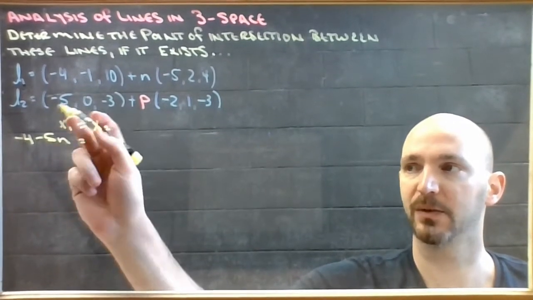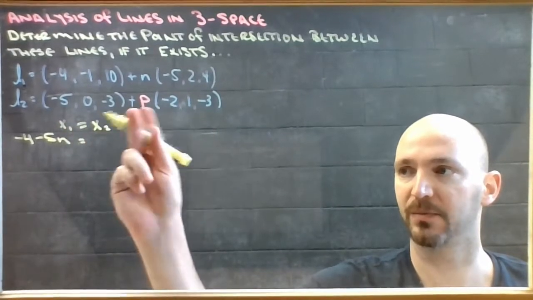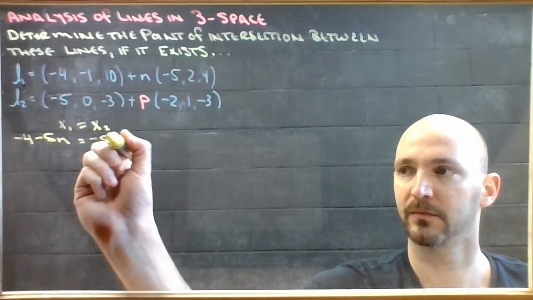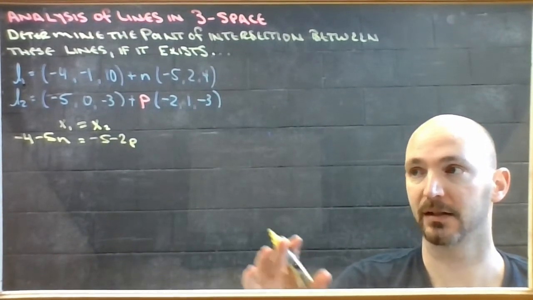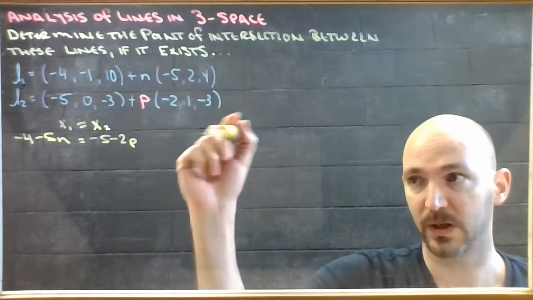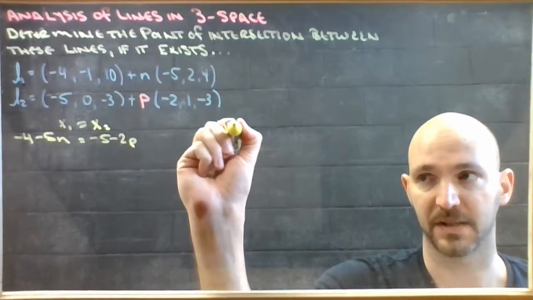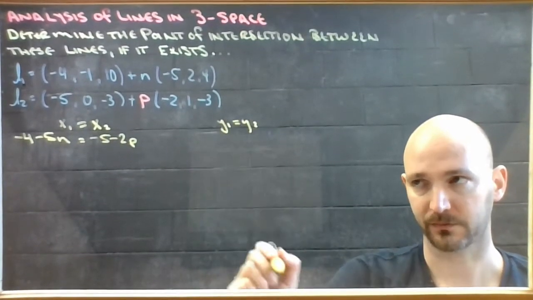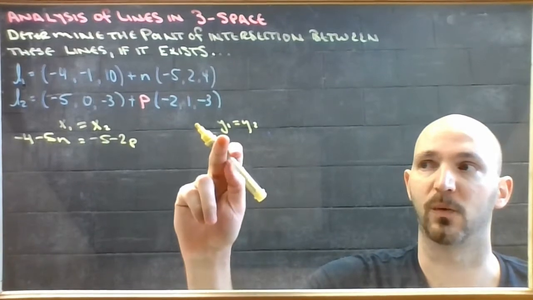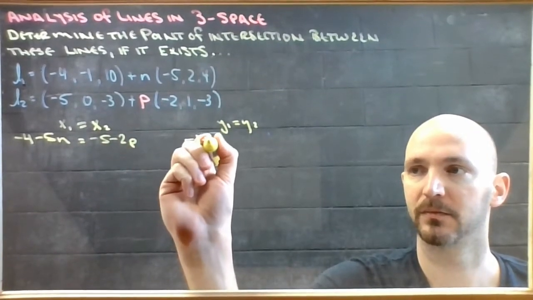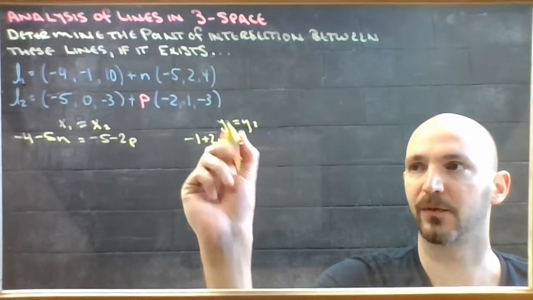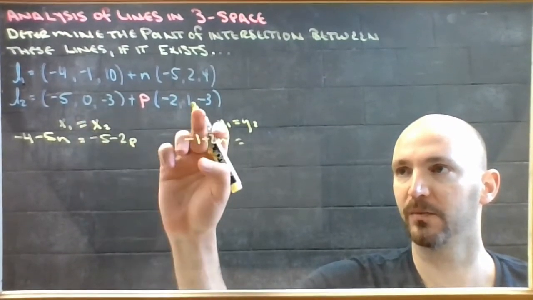And for line 2, they're -5 minus 2p's. So I'm going to just leave that for a second. At that point of intersection, the y values must match as well. So y values from line 1 would be -1 plus 2n. And for y2, they're 0 plus 1p.